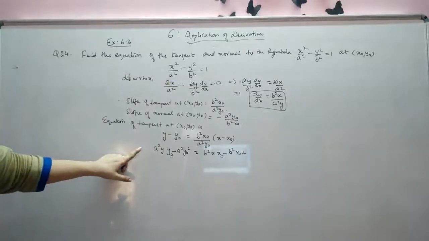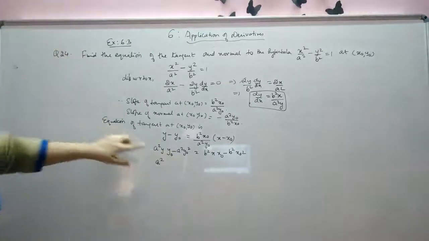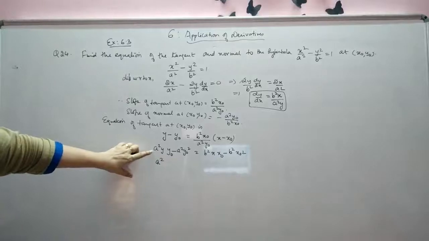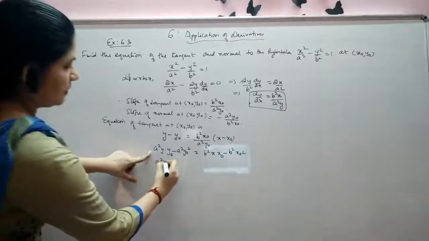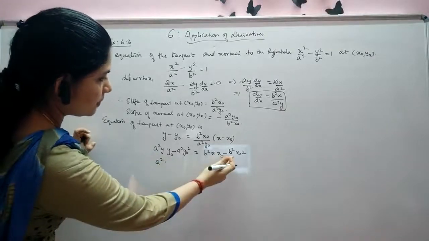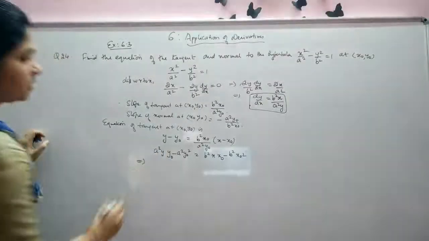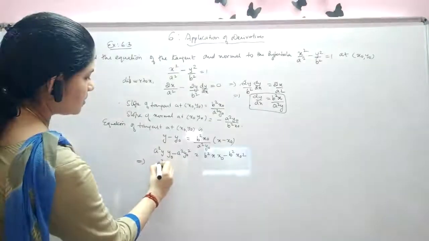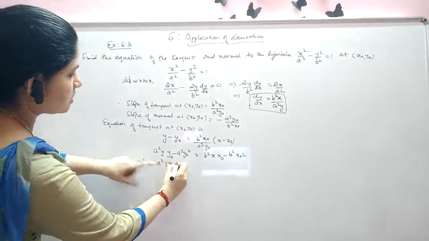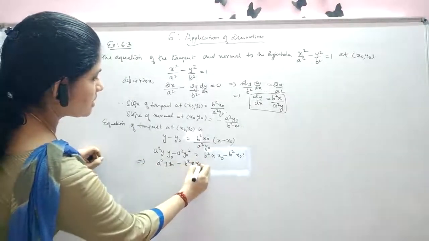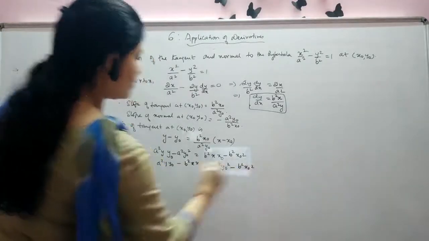So what you will get, here you will have a square y naught y minus b square x naught x is equal to a square y naught square minus b square x naught square.